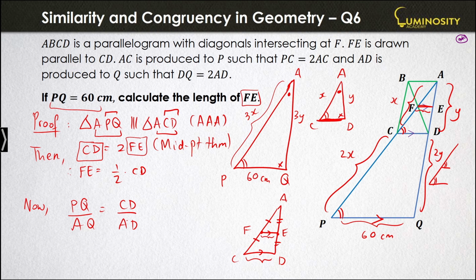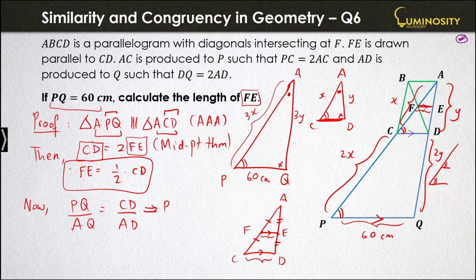The length of AQ, I don't have the exact length, but I know it's written as 3y in my current diagram. CD, we don't know that. That's a length we're actually looking for, so we can plug it back into this equation. And then AD, where's AD? That's this length here, y.